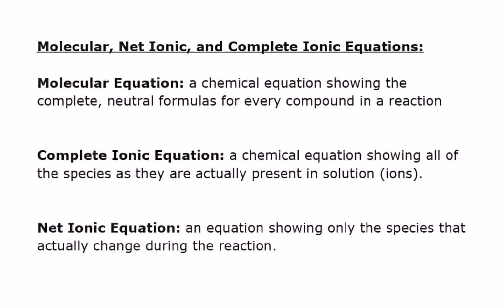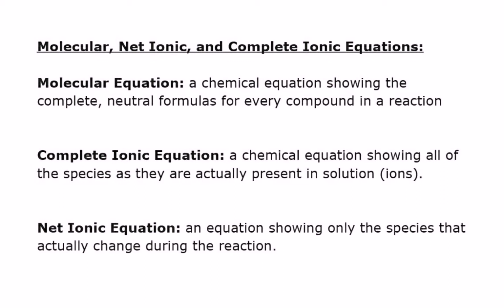When we have ionic substances present in an aqueous solution, which we represent with (aq) in parentheses, that means the ionic compound will break apart to form ions in solution. So now we're talking about having the individual ions with their charges as they appear in solution.